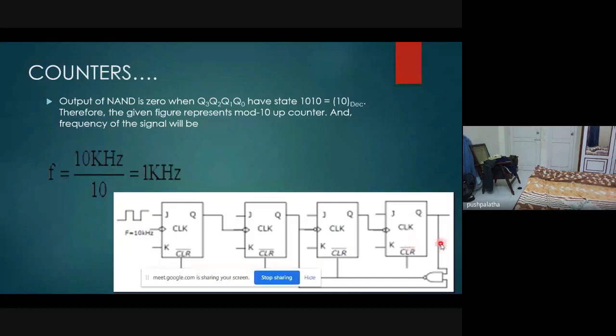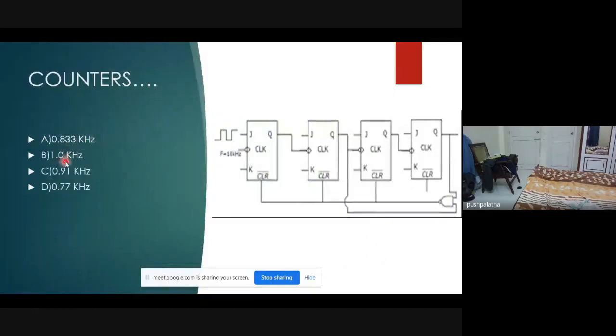So 1010, which is 10. Your F value is 10 kilohertz over 10, which is equal to 1 kilohertz. So the answer is 1 kilohertz, Option B. Clear? Option B is the answer. Next.